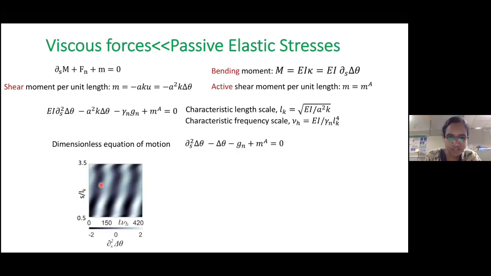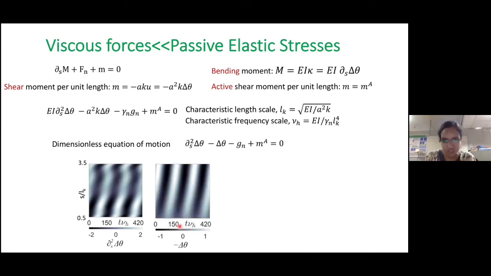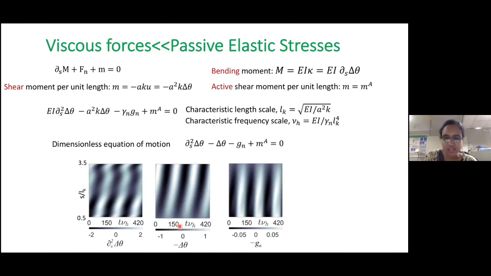So this is the first term, which is the curvature elasticity, the second term, which is the shear elasticity, and the third term, which is the viscous term. The point to note here is that the scale bars are quite different. The curvature and shear elasticity are 2 orders of magnitude larger than the viscous force.